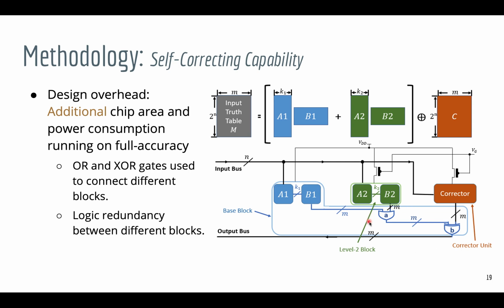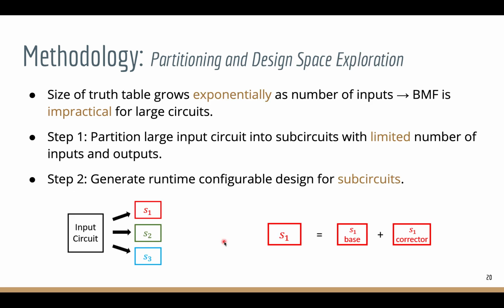Since blocks for different accuracy levels are synthesized separately, we may lose the opportunity of logic optimization across different blocks. More accuracy levels lead to more connecting OR gates and also contribute to the issue of such logical redundancy. So theoretically speaking, we can conclude that both sources of design overhead increase as the number of accuracy levels increases.